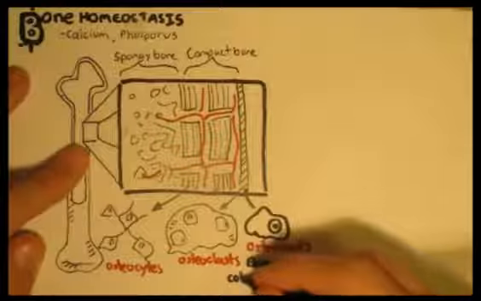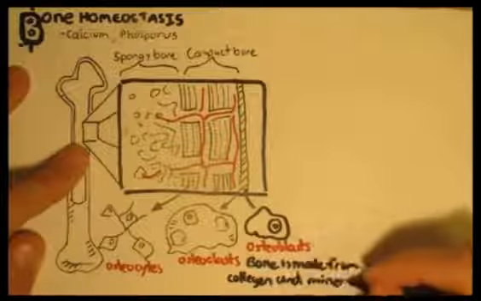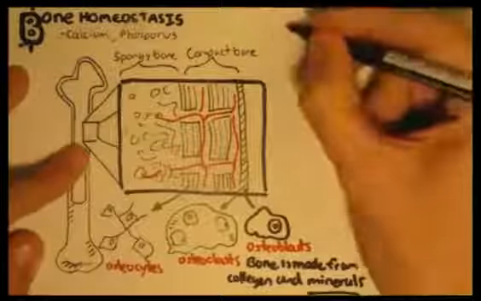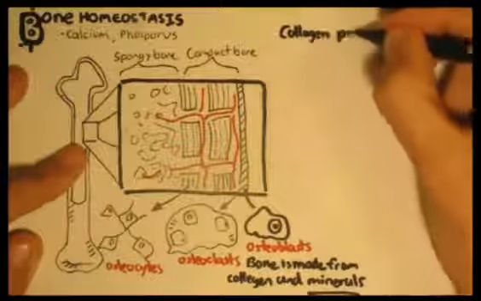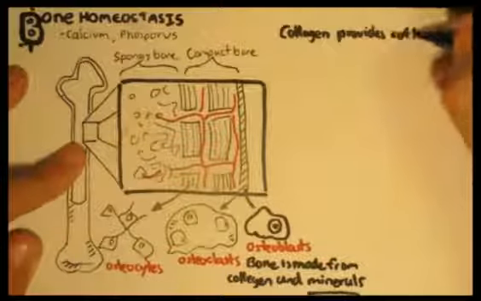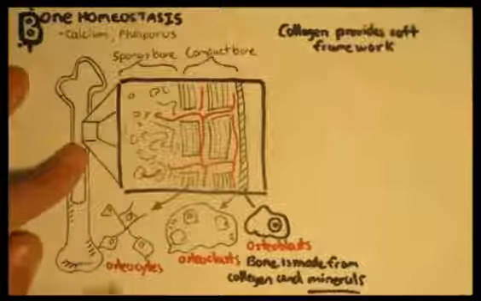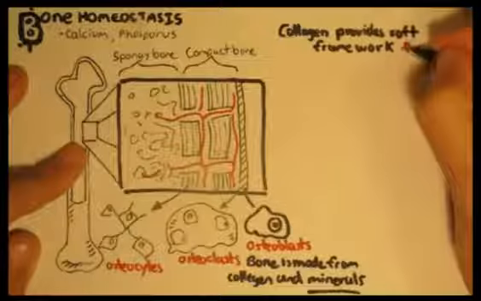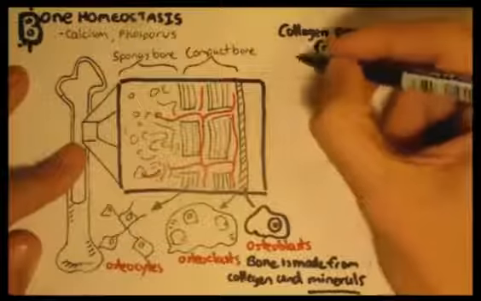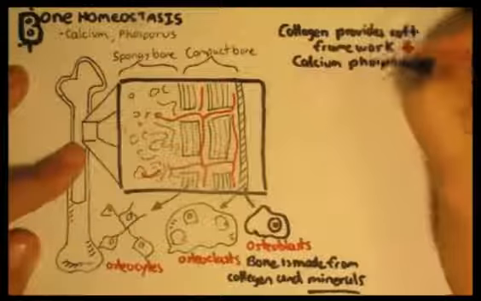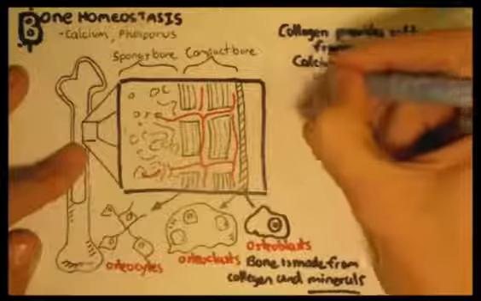Bone is made from collagen and minerals. Collagen provides the soft framework. And when you add the minerals, in particular calcium phosphate, this enables the soft framework to strengthen and harden, becoming bone.